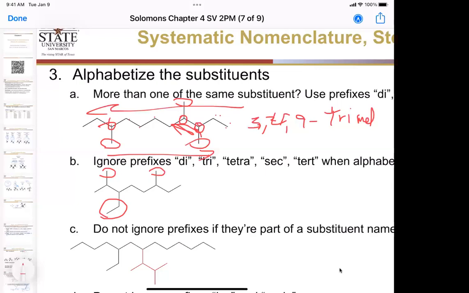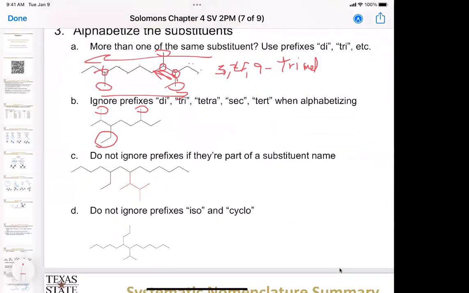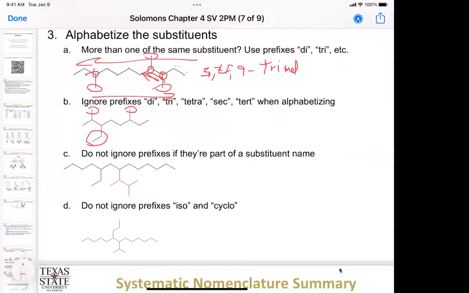And if the group has a weird little group here, we're going to ignore any of the prefixes on that substituent and only do the main substituent. So this would be 1, 2, 3, 4, a butyl. It's a 4 carbon chain plus a methyl, so it'll be a methyl butyl substituent.